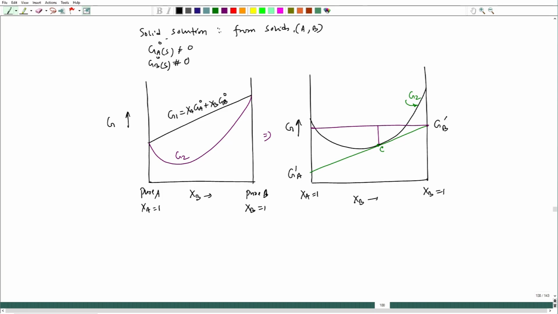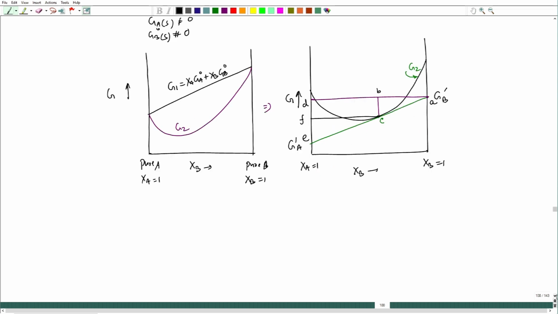I do not know whether these two are actually partials. I am just taking the free energy values at which this common tangent is cutting across the pure component sides. Now, let me mark all those points. Let me mark this as A, this as B, this as C, this as D, this as E. Okay. And now I can draw a parallel line with respect to B here. Another parallel line is drawn. This point let me consider as F.